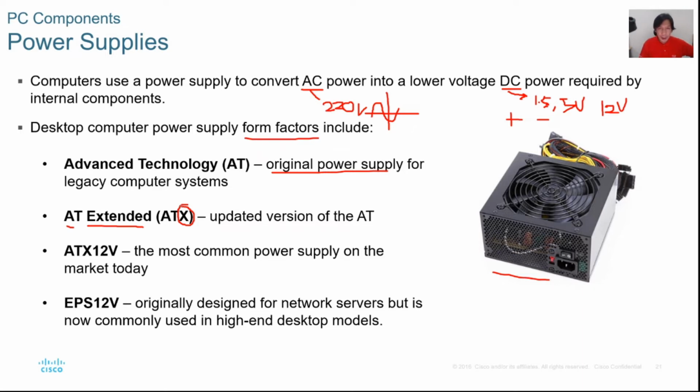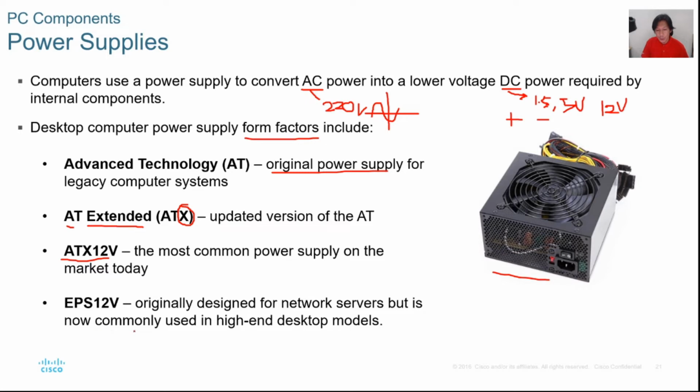It came in the late 90s going into the early 2000s. The most common right now is the ATX 12 volts, or ATX12V, the most common power supply on the market today.